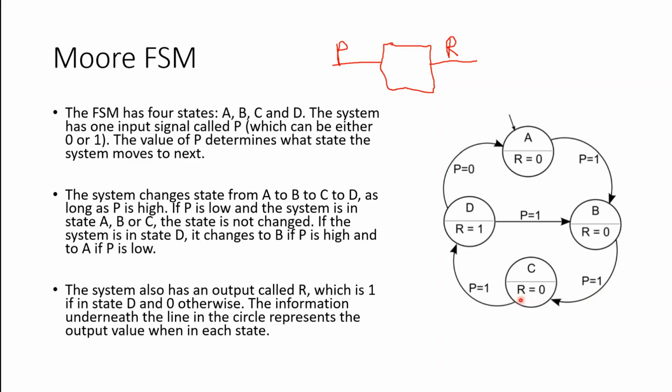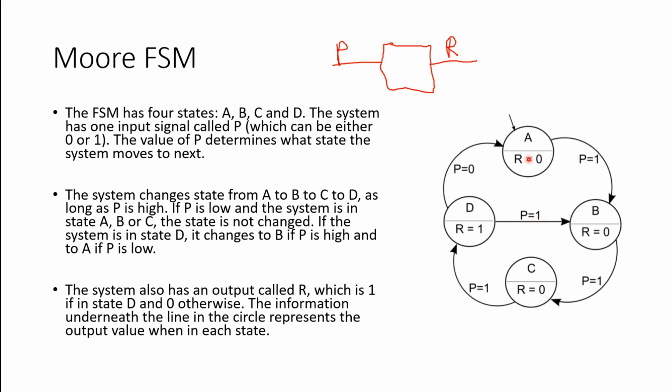When I'm in state C and my input P is equal to 1, I'm going to transition to state D. And it's only when I'm in state D that my output R is high. When I'm in state D, if P is equal to 0, I'm going to go back to my initial state. Or when I'm in state D and P is equal to 1, I'm going to transition to state B.